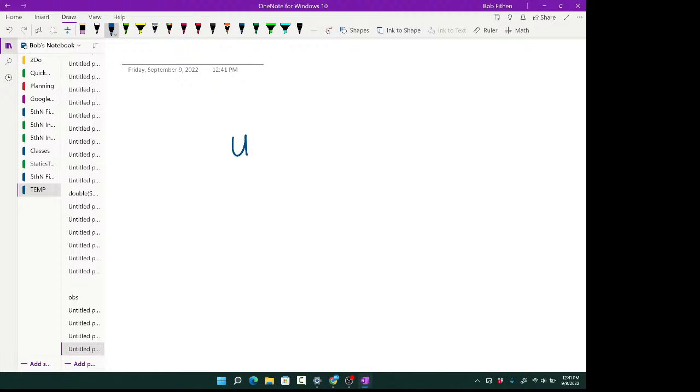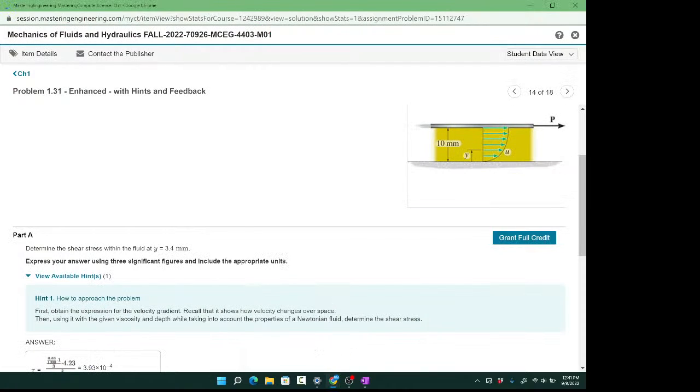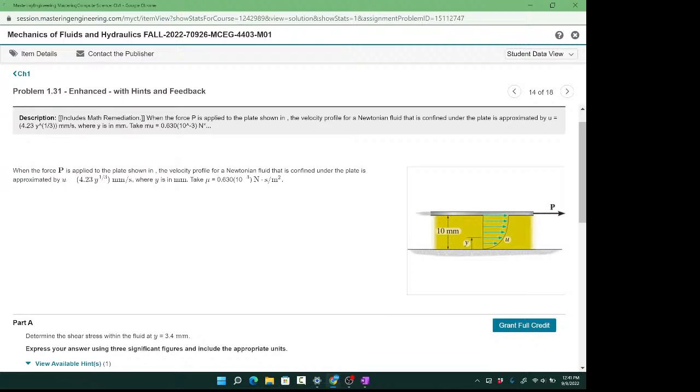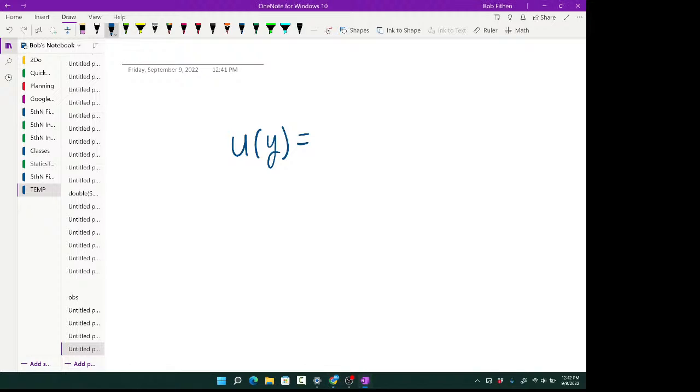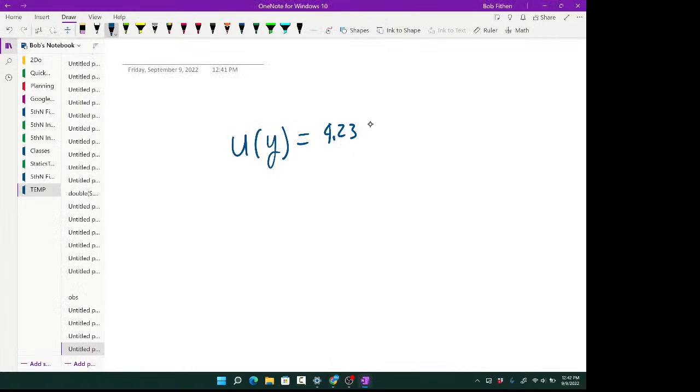So if you end up with u as a function of y, in this case, I think it was a weird number, 4.23, y to the 1/3 power. So the shear stress is always just defined like that.